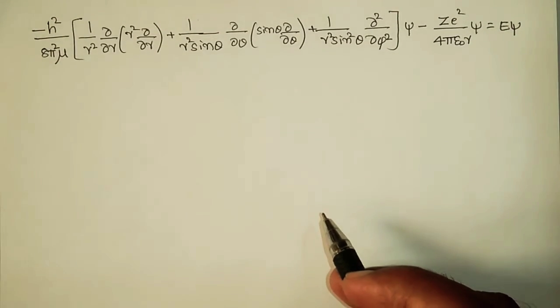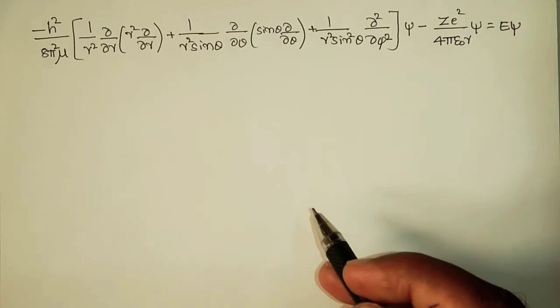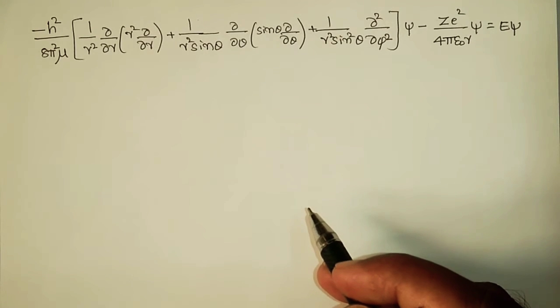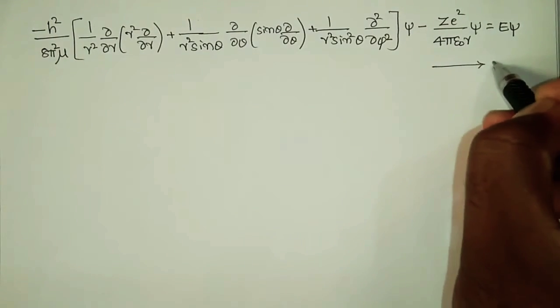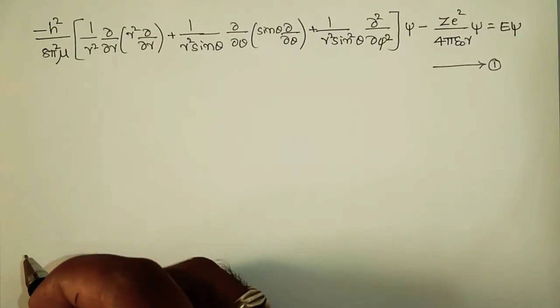This is the complete Schrodinger wave equation on introducing polar coordinates in place of Cartesian coordinates. Let us consider this as equation number 1.